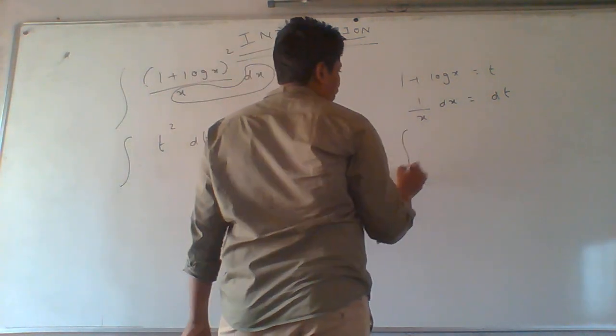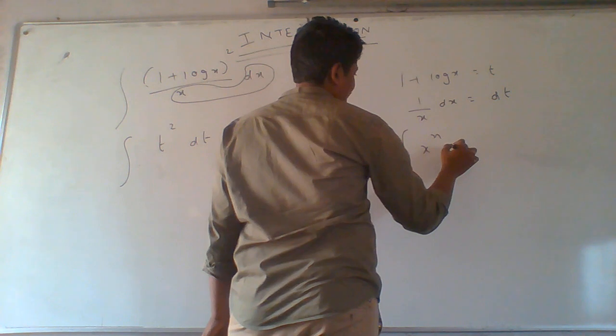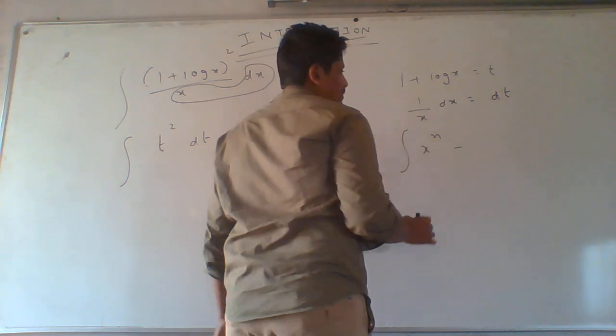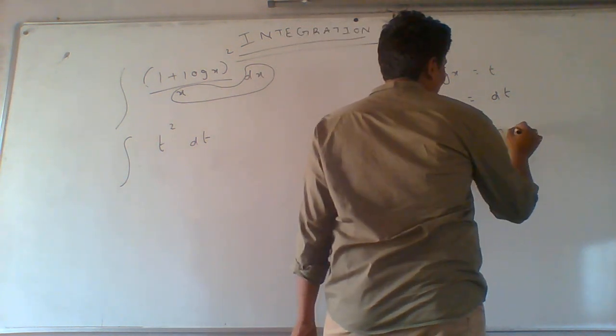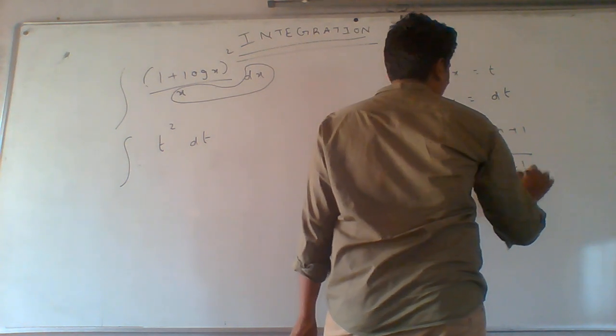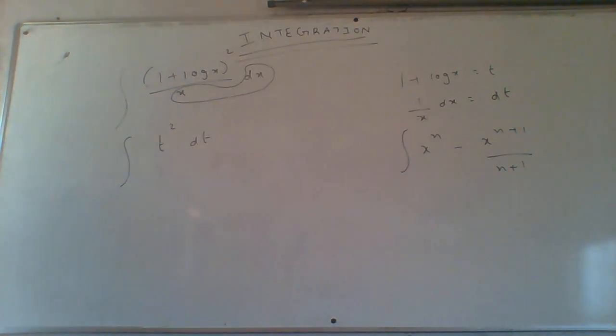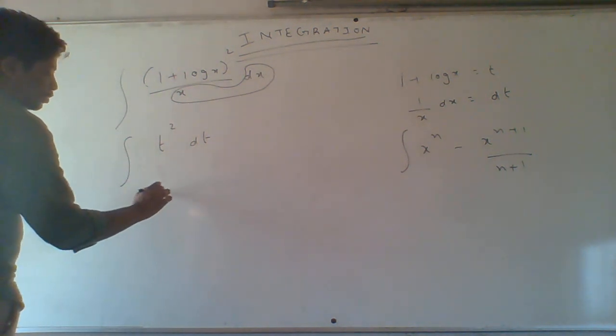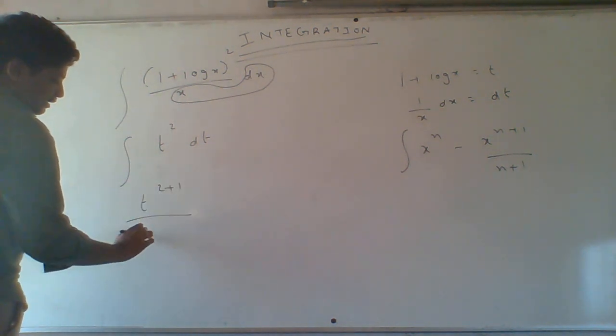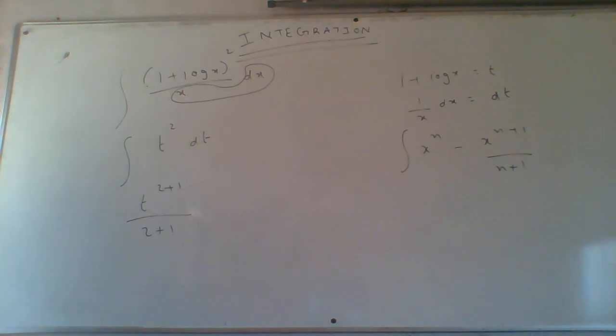What is the formula for integral x power n? It is x power n plus 1 by n plus 1. So t power 2 plus 1 by 2 plus 1.